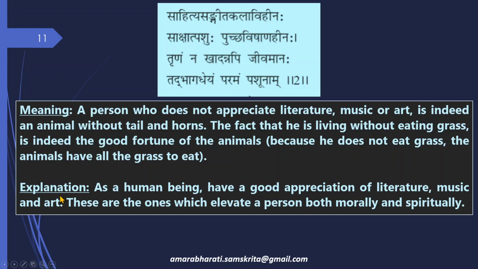That's the meaning. Explanation: as a human being, have a good appreciation of literature, music and art. These are the ones which elevate a person both morally and spiritually. You have appreciation for Sahitya, Sangeeta and Kala is the meaning of this Subhashita.